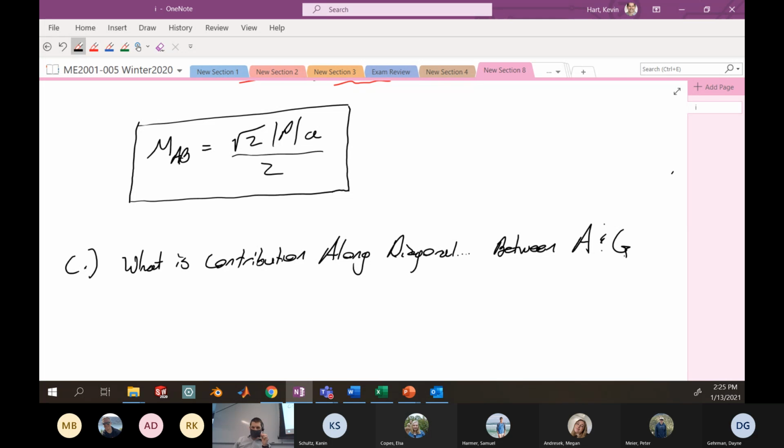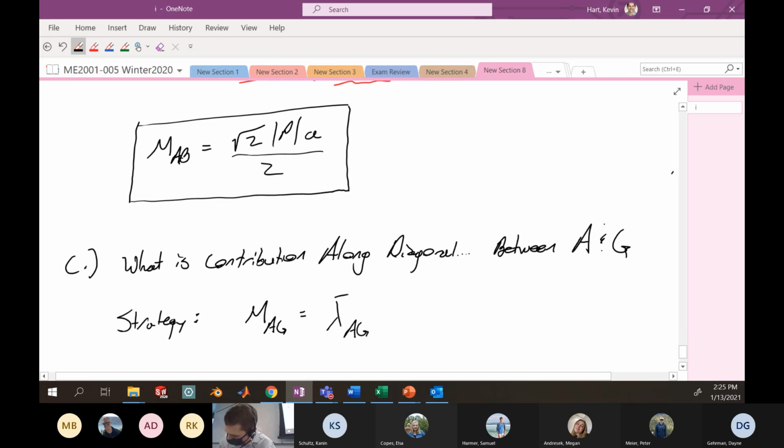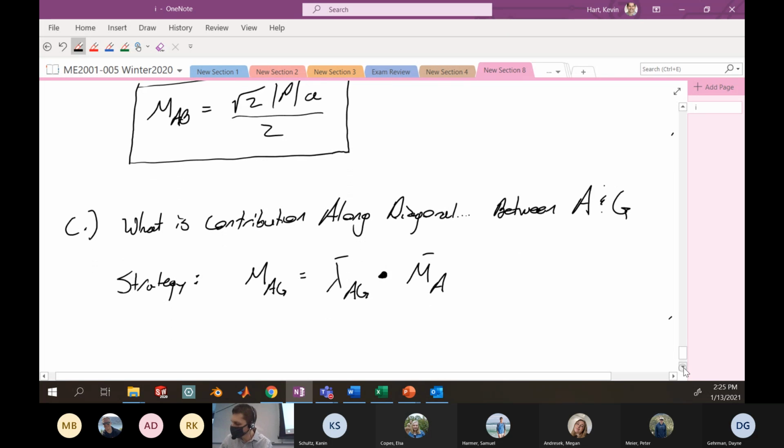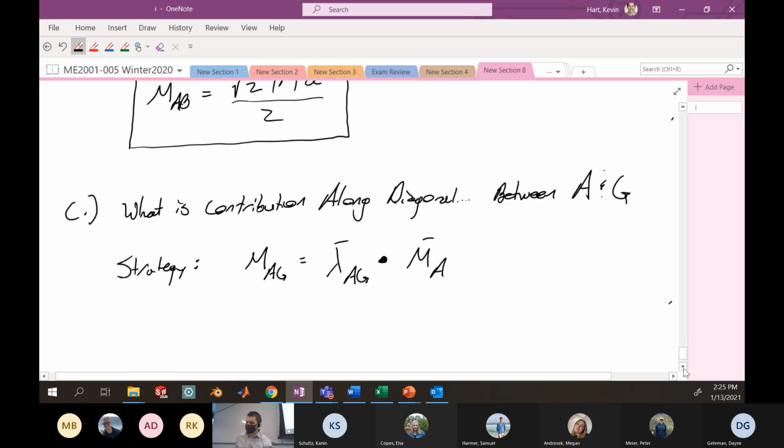We want to take the moment that we generated above point A, which we calculated in part A of the problem, and dot it into a unit vector that runs along AG. So the strategy here is that the moment along AG is this unit vector, which runs between A and G, dotted with that moment at A. So I need this guy.